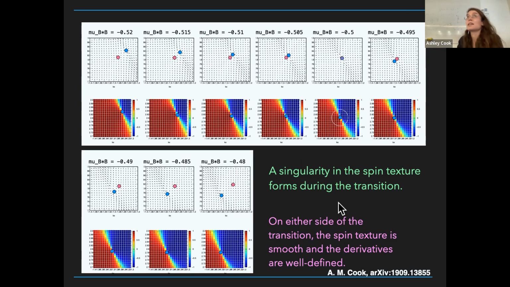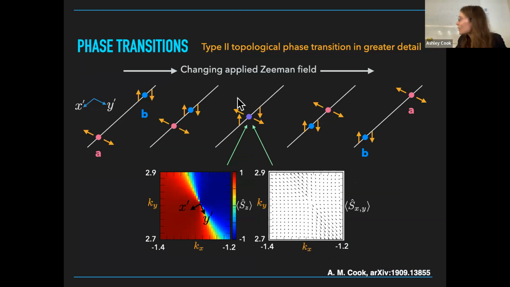If the points coincide, that means all three components of the spin have to pass through zero in order to change sign. And this is part of why the spin is going to zero at this point, resulting in this topological phase transition. So this is a cartoon picture of what I was showing you just a moment ago.